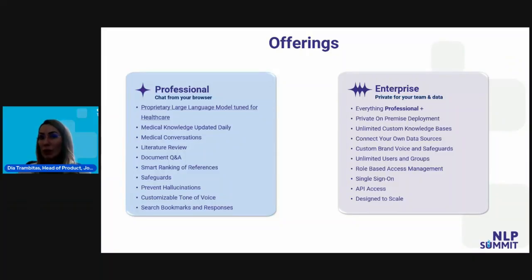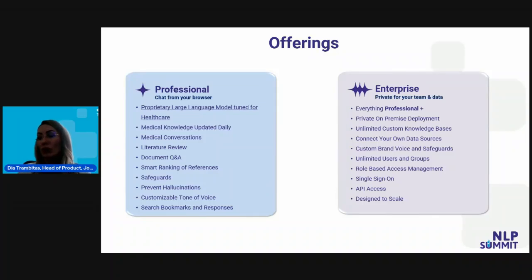It offers support for medical conversation, literature review, document Q&A, medical agents, and smart ranking of references. That means that references are intelligently ranked to ensure the most relevant information is prioritized when responding to user questions. It also includes safeguards and a system to prevent hallucination and ensure explainability of the responses.